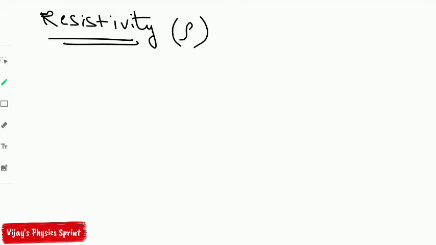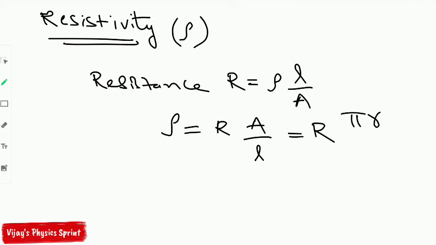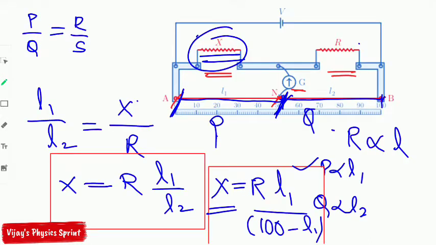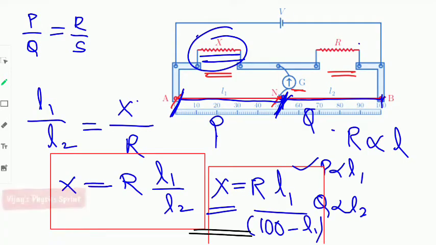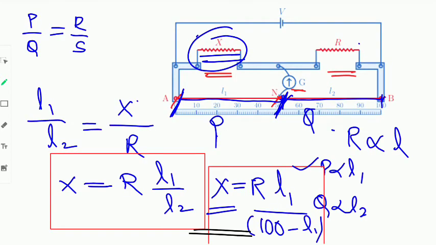We know that the resistance R equals rho L by A, then rho becomes R into A by L, which is also written as R into the cross-section area of the wire, pi r square, by L. R is the resistance; we already calculated the unknown resistance value X, that is R L1 by 100 minus L1.